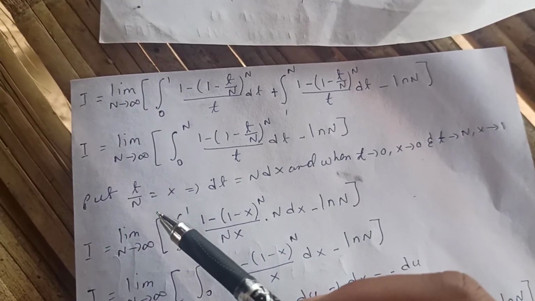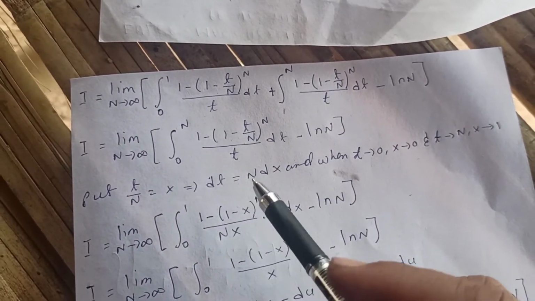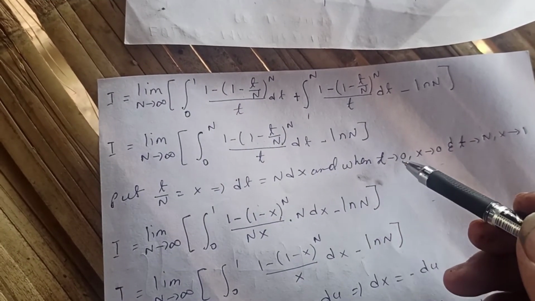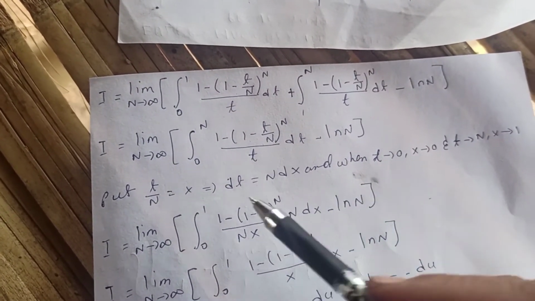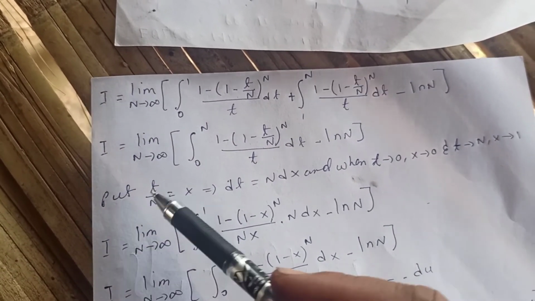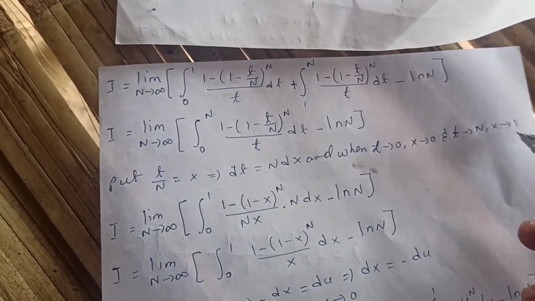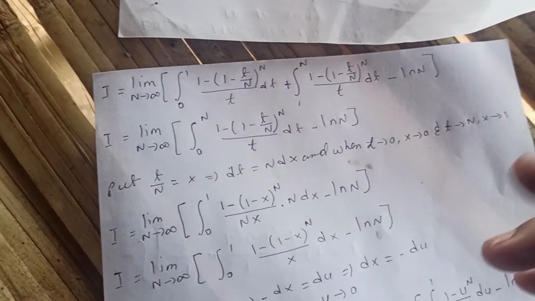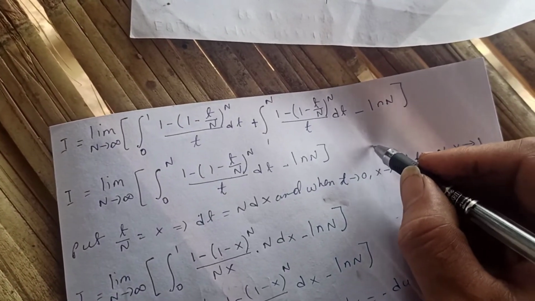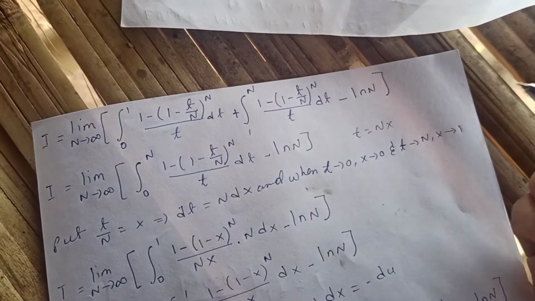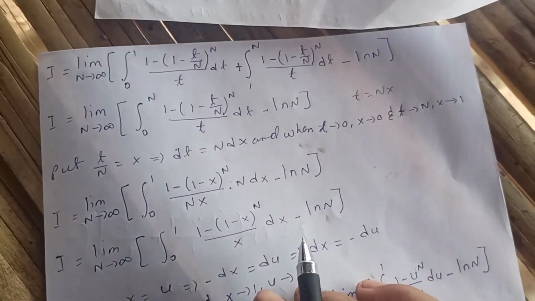Put t by n equal to x, which implies dt is n dx. When t is 0, x is 0, and when t is n, then x will be 1. Here you can say that t is equal to nx.